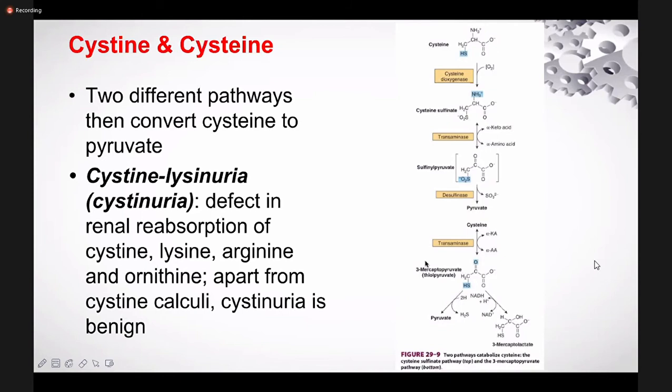So there are defects here, the cystine lysinuria or the cystinuria. There is defect in renal reabsorption of cystine, lysine, arginine, and ornithine. And here, apart from the cystine calculi, actually cystinuria is benign, but they can form mga cystine calculi.